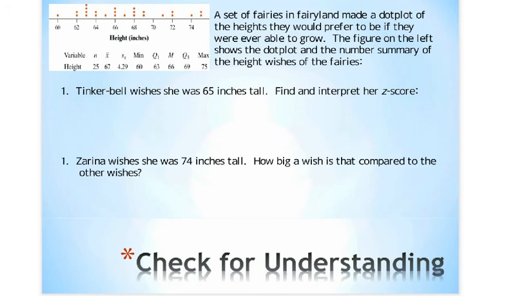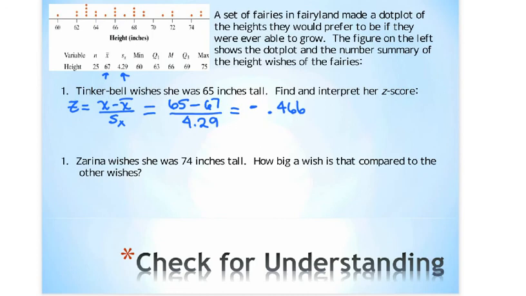All right, so z-score is, again, x minus x bar over standard deviation. I write this out frequently so I don't forget it. So she wishes she was 65 inches tall. I'm going to subtract that from the mean, which we're noticing here is 67, and I'm going to divide it by the standard deviation of 4.29. I know it's going to be negative 0.466.